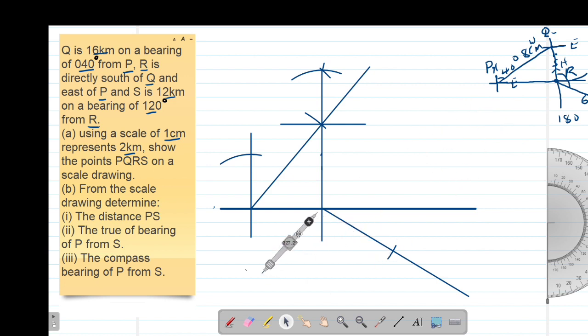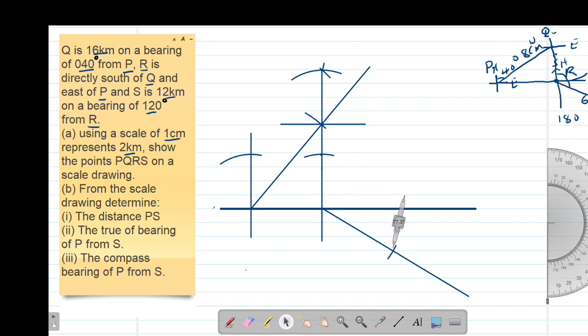So using your compass, take your compass to this particular point. Then you can try to reduce the length of your compass this way. You reduce it a little bit, then you make an arc on this line.